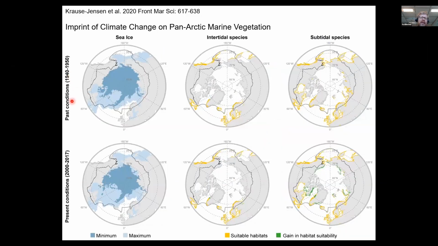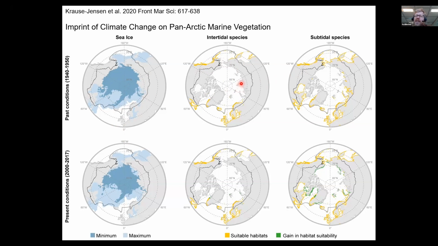She compared the past conditions from the 1940s to 1950s with the present conditions, and then also predicted into the future. On top, you see the past conditions, and compared to the present condition, ice has been retreating. Here you have the habitat for intertidal species and the habitat for subtidal species.